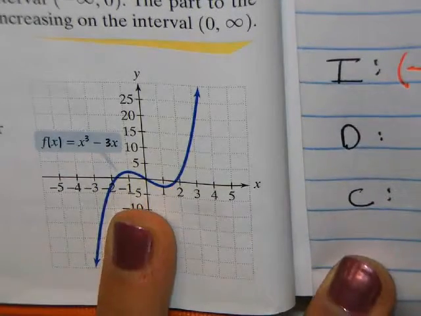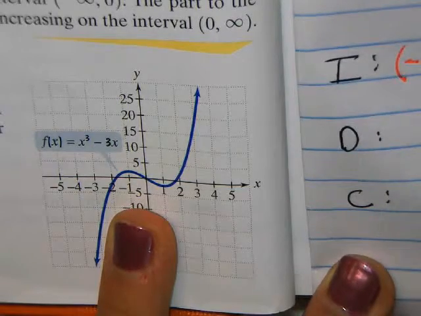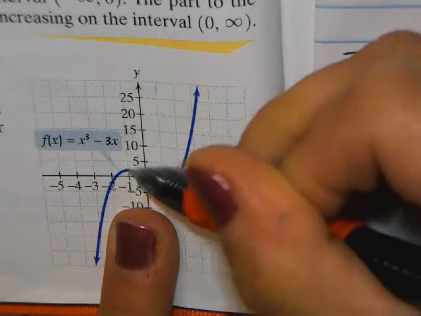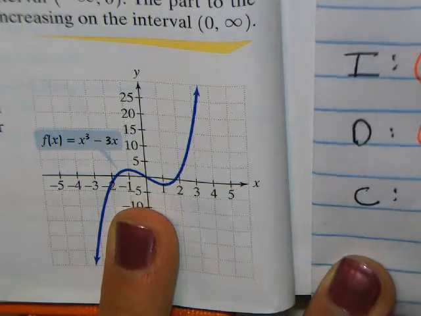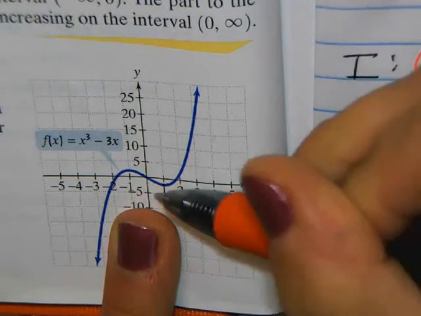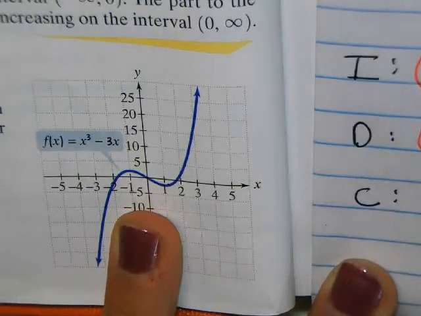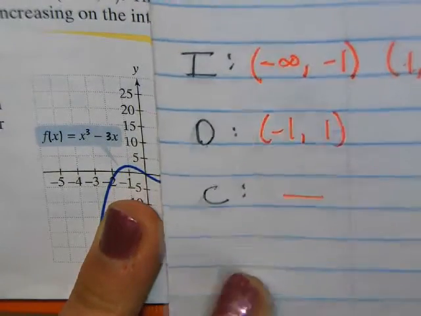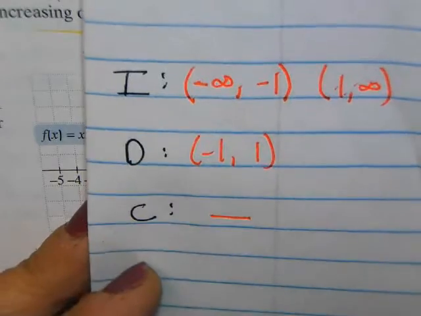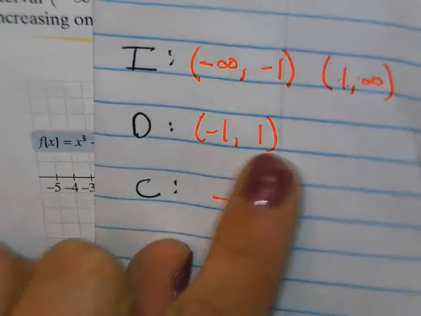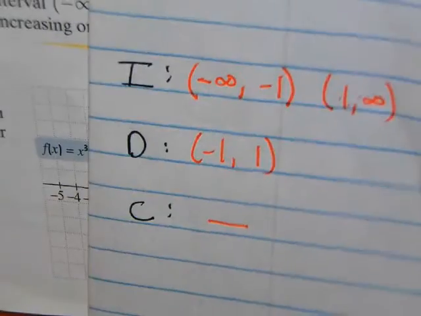It decreases from -1 to 1. And again, it increases from 1 to infinity, and it doesn't have a constant anywhere. So see if your answers look something like my answers. Really check these symbols, whether they're parentheses or brackets. The brace certainly is something very different.